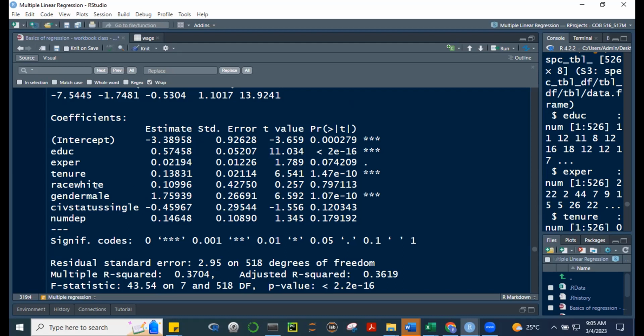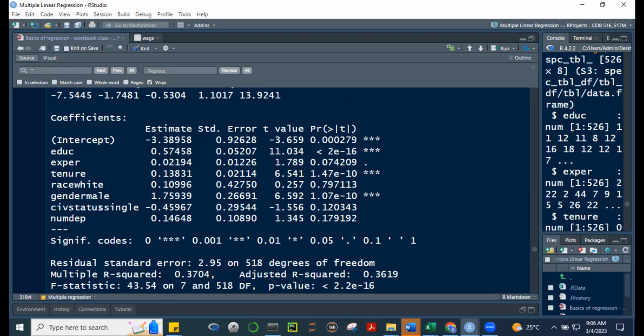If this was significant, itong race white na to, assuming this is significant, then we say that on the average, white people receive around 11 centavos, $0.11 more than their non-white counterparts, ceteris paribus.